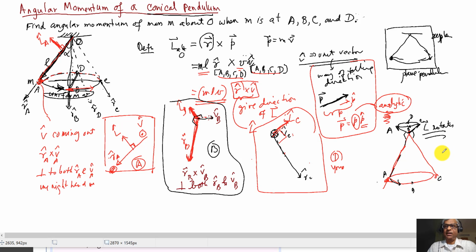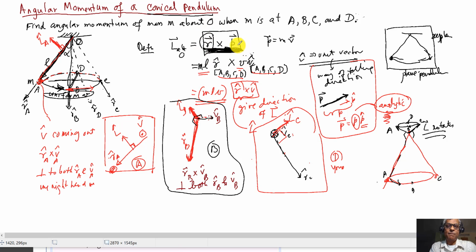So let me recap. First of all, this is a very important problem for you to master and understand, because it is a complicated concept of how to use a cross product and how to set it up. I have one way of setting it up, and you may have other ways. So whatever works for you in terms of cross product, you should use it.